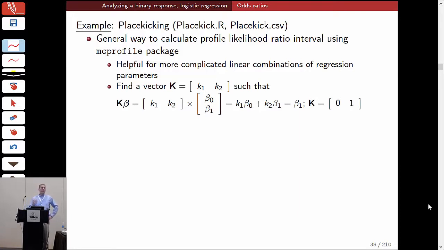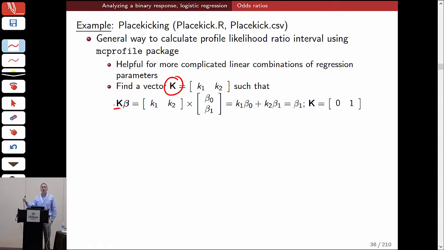And to do this, we need to be able to write what we're interested in, in this particular setting, in that linear combination context. And this is a very simple setting, so the linear combination is really easy. But this is a good place to begin. So let's define a row vector called k. It has elements k1 and k2. And we want to be able to multiply k times our vector of betas, beta 0 and beta 1.